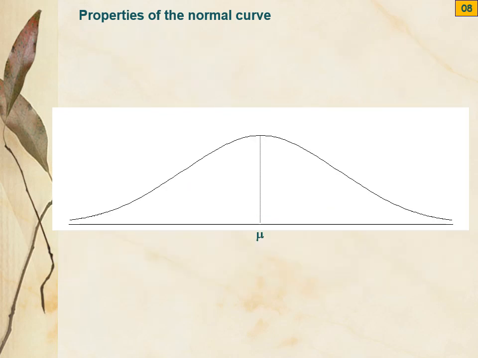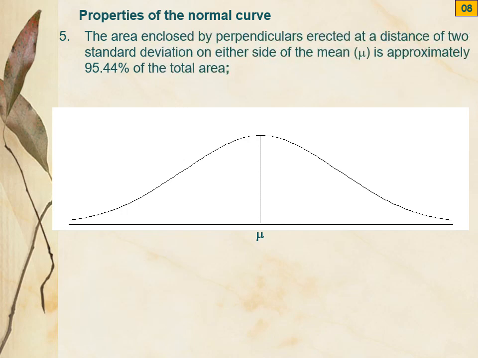Slide number 8. Similarly, 2 sigma limits also cover a specific area, that is the area enclosed between mu plus minus 2 sigma or 2 SD. The area between these two limits is 0.9544, that is 95.44%, and mu plus minus 2 SD is known as the 2 sigma limits.